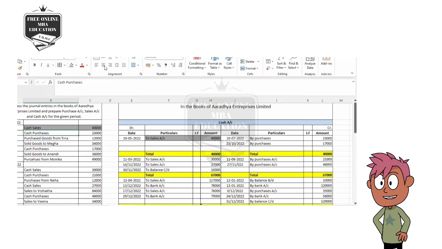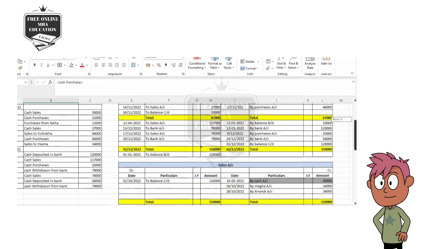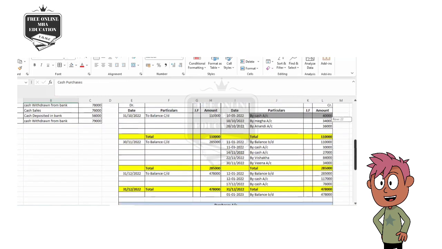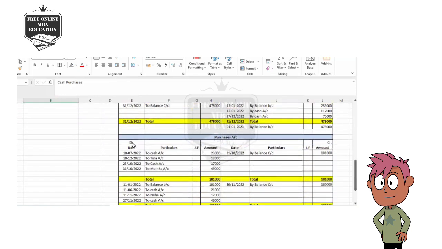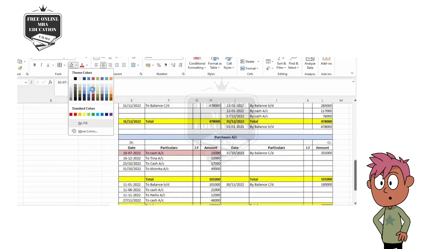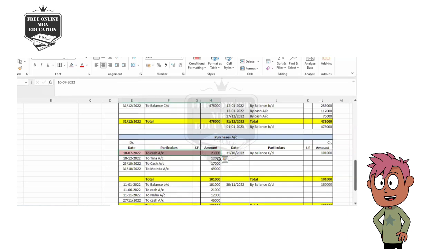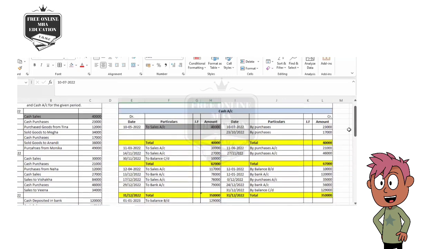So purchases account debit. Now I'm supposed to mark on the debit side of purchases account, to cash 23,000, because I have paid the cash and I have received these goods. And for this 23,000, the second effect will be given to cash account because I have paid the cash, rupees 23,000.